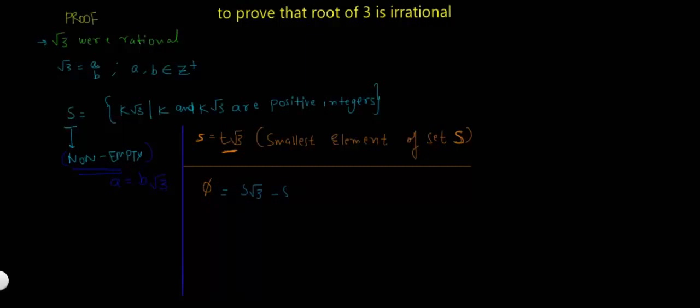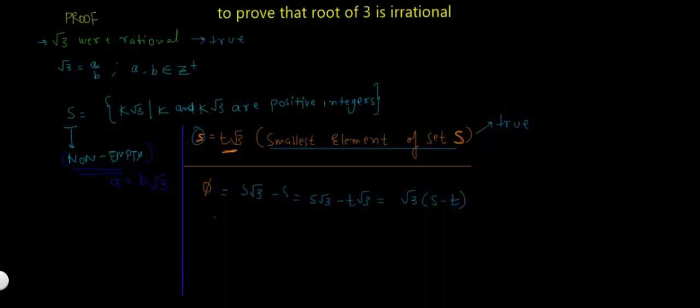Actually, this is small s root 3 minus t root 3, which is root 3 into s minus t. Bear in mind that t root 3 is the smallest element of the set S, and this is a true condition. This is what we have assumed to be true.